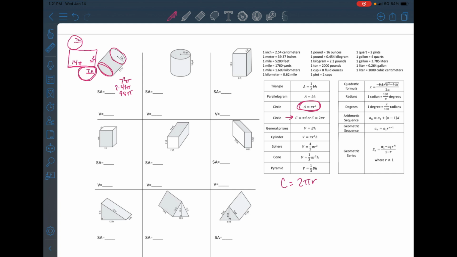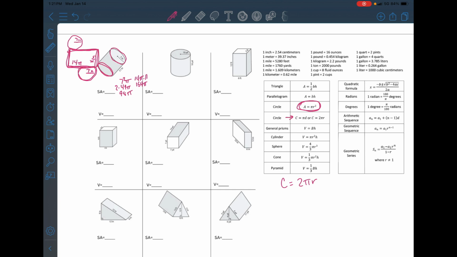Okay, now we're going to have to find the area of this rectangle. That's just length times width, base times height. So 14 pi times 11. So 14 times 11 is 154 pi. Now we're going to add those.